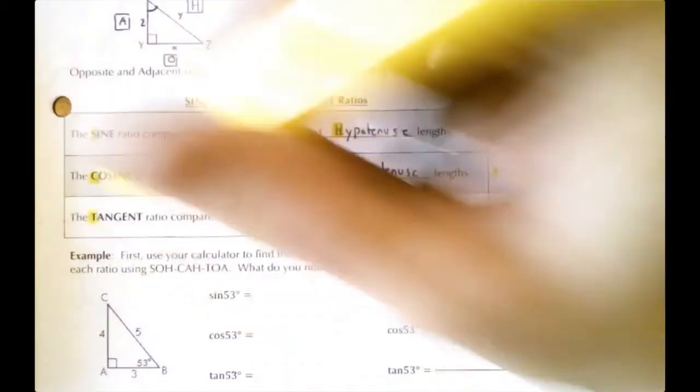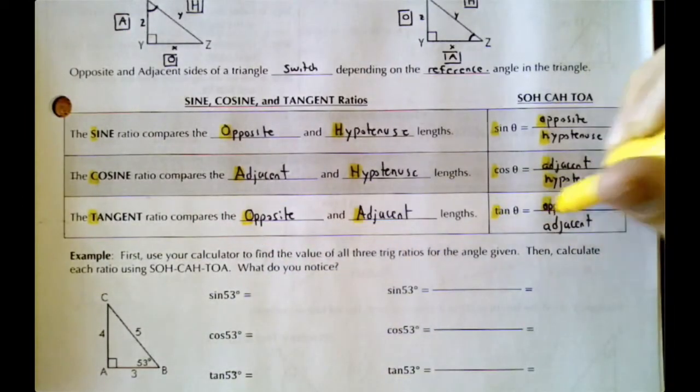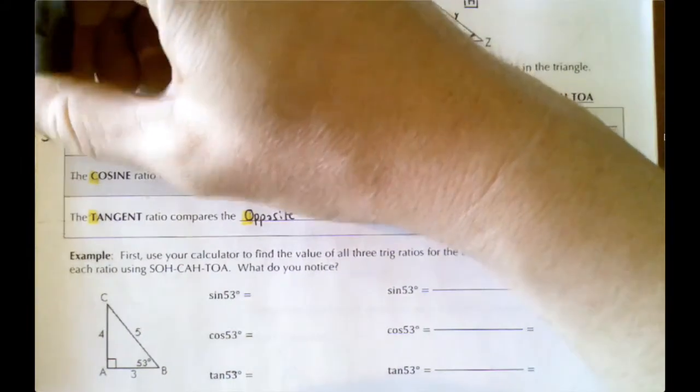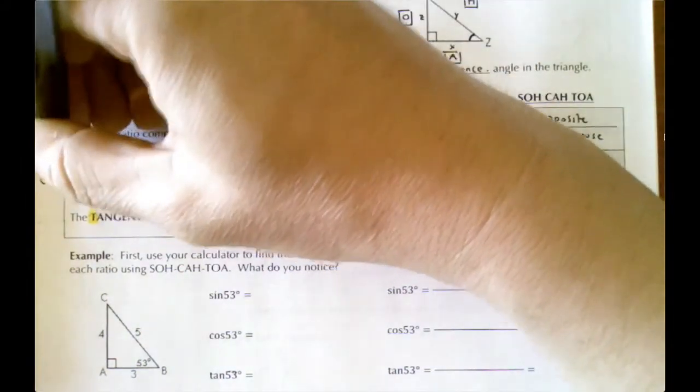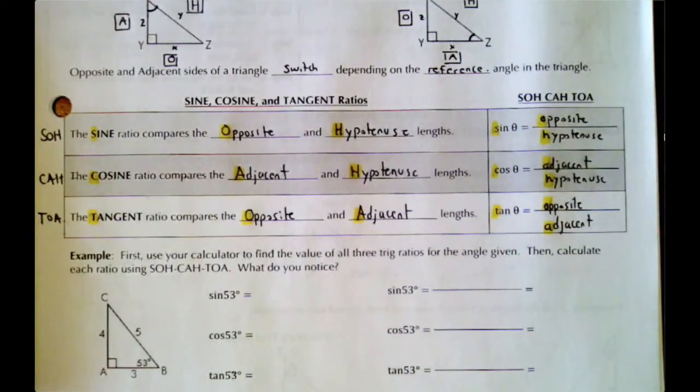And the tangent ratio compares the opposite and the adjacent, TOA. That's where SOHCAHTOA comes from. So if you can remember SOHCAHTOA, you can remember the three primary trig ratios.